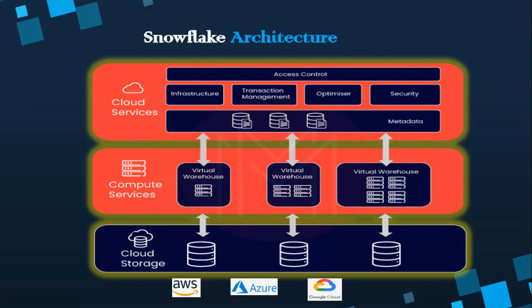Once you make changes and your query has no errors, the optimizer will take that query and ask the virtual warehouse to execute it. Then the virtual warehouse will execute the query, fetch the data from cloud storage, and give it back to the user. So the optimizer is responsible for allowing the user to execute queries.